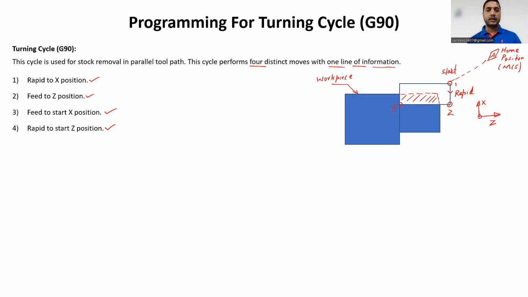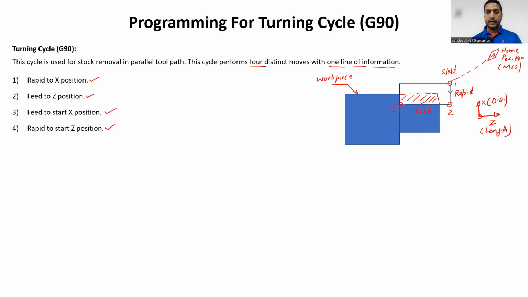When we move the cutting tool from 2 to 3, we will give some feed because we are removing the material from the workpiece. So this is feed to Z position because we are moving in a longitudinal direction. This is our Z movement, and Z represents the length, as we know. And X represents the diameter.